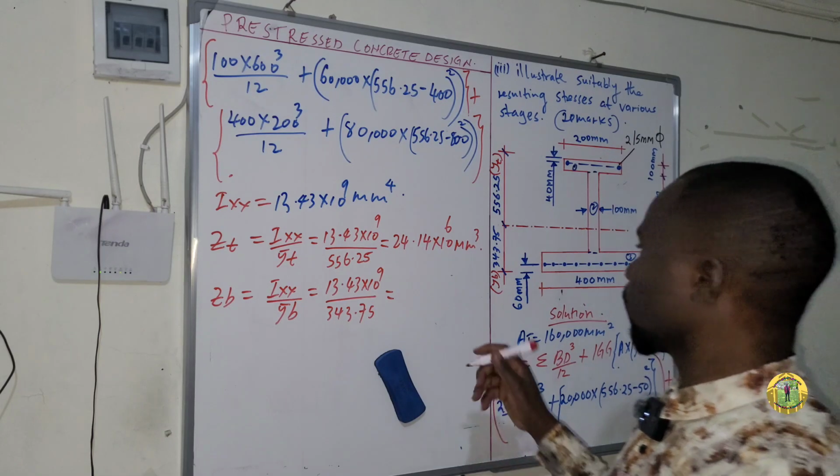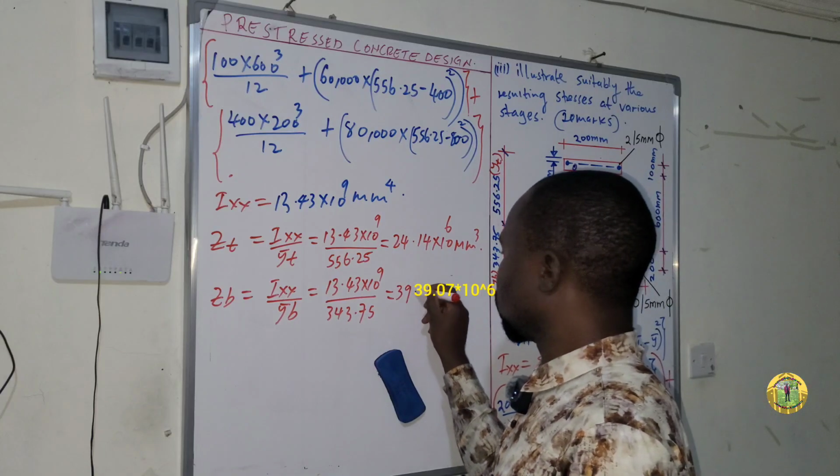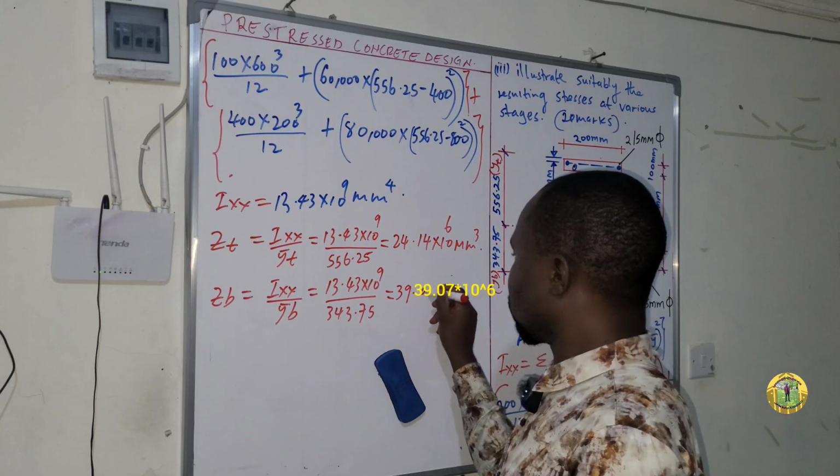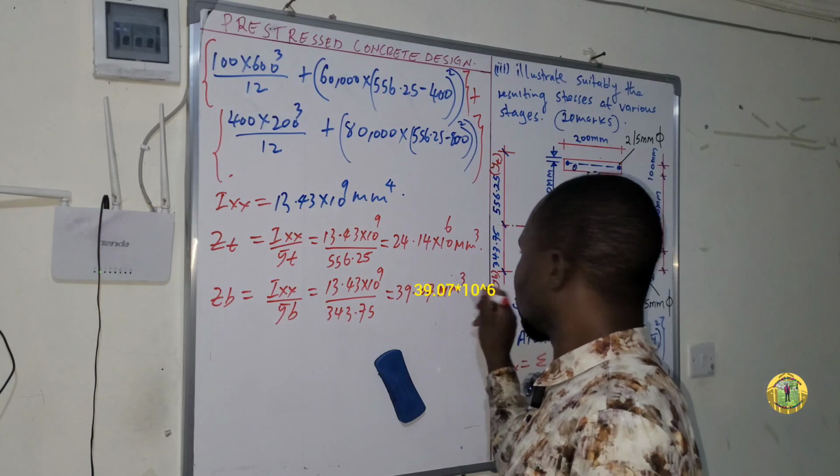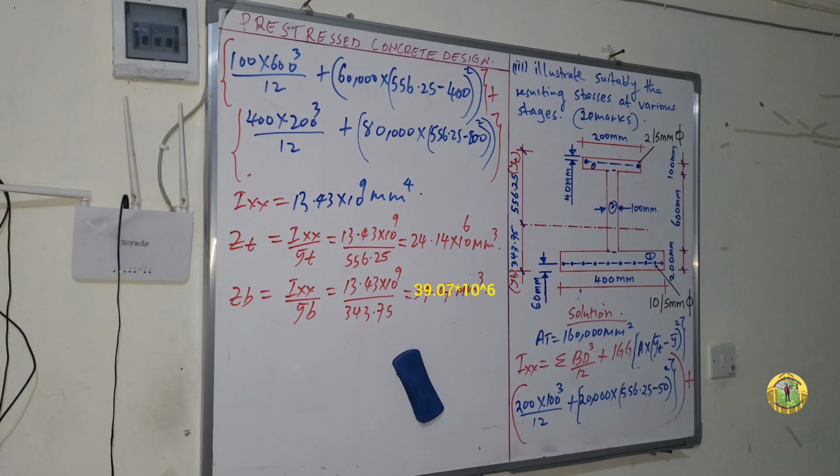So the answer is 39.07 times 10 to the power of 6 millimeter cube.